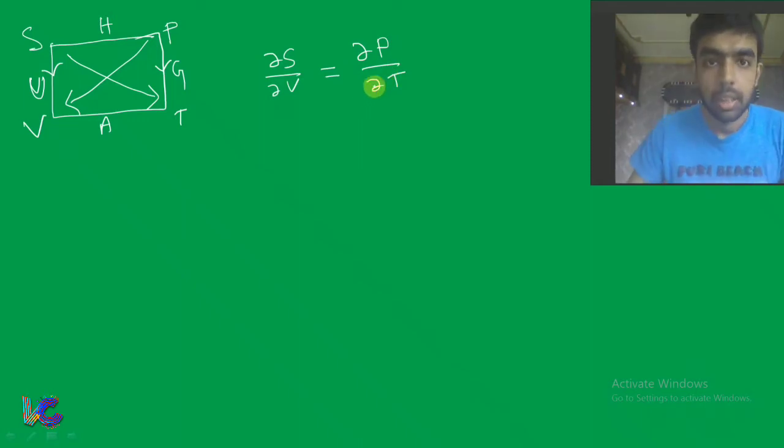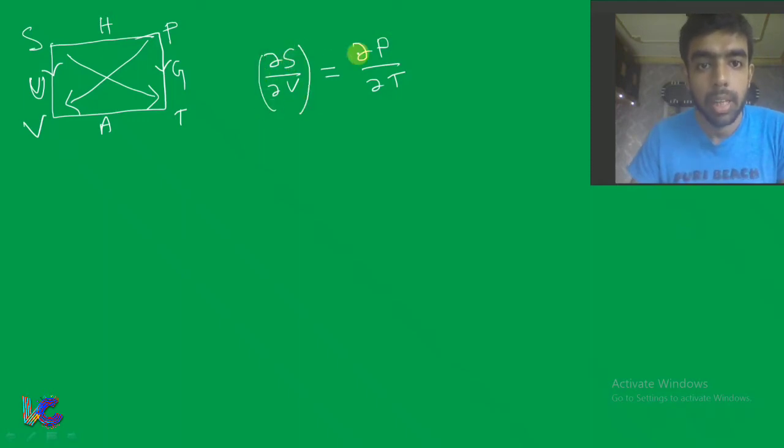Now I have said the sign will be decided by the numerator. That means on the left side the sign will be determined by S, and on the right side the sign will be determined by P, because S and P are both in the numerator. So the sign will be determined by the numerator.